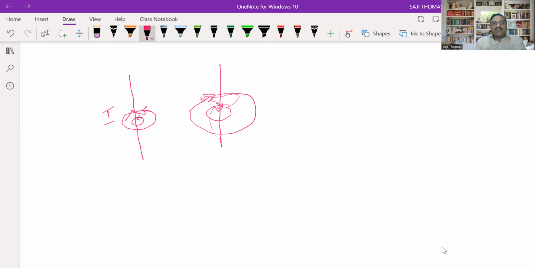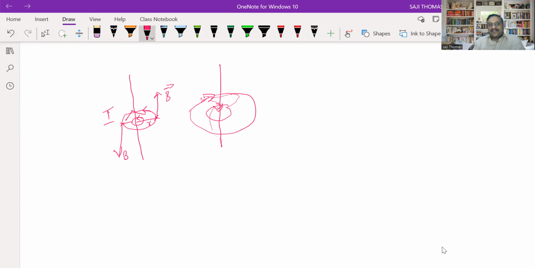If you want to find out the magnetic field at this point, at a distance r, magnetic field will be into the plane of the paper. And you see the magnetic field is perpendicular to the plane containing current and R and directed into the plane of the paper. When you go to the left hand side of the conductor, here magnetic field is out of the plane of the paper.